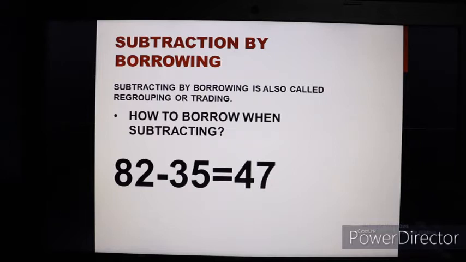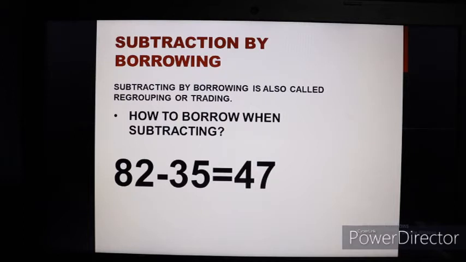In simple subtraction, to subtract numbers with more than one digit, write down the greater number first and the smaller number directly below it, making sure to line up the columns. 82 minus 35 equals 47.